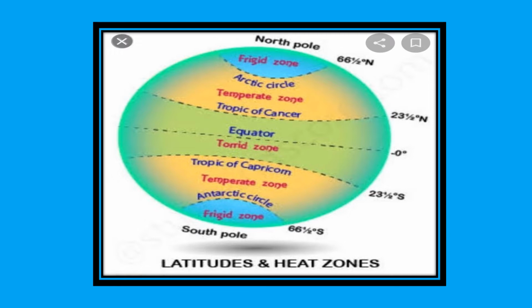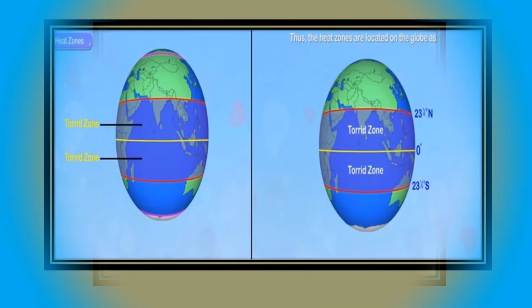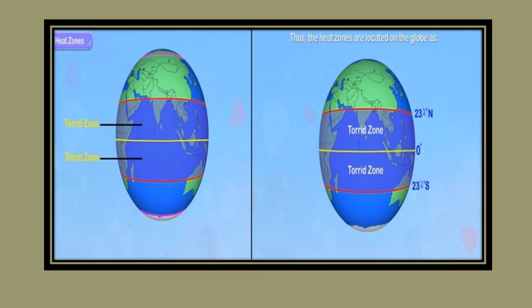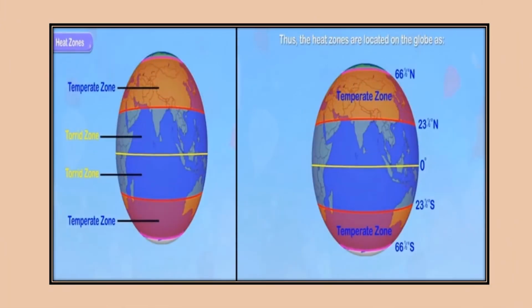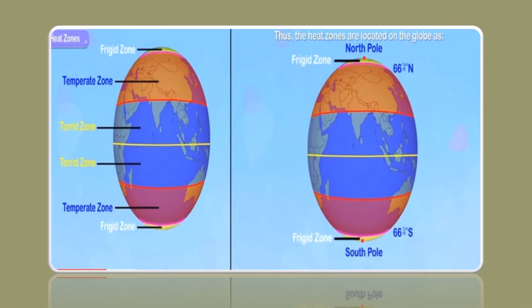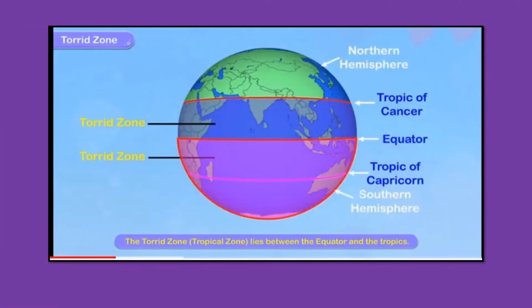Our Earth is divided into three zones: the torrid zone, the temperate zone, and the frigid zone. Let's learn more about these zones.